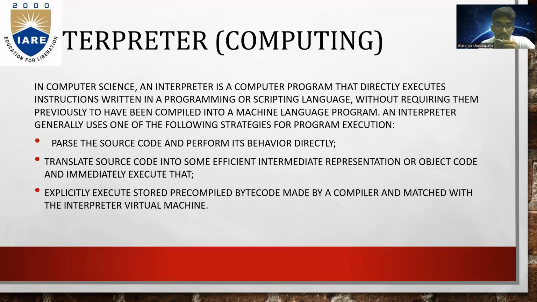An interpreter generally uses one of the following strategies for program execution: parse the source code and perform its behavior directly; translate source code into some efficient intermediate representation or object code and immediately execute that; explicitly execute stored precompiled code made by a compiler and matched with the interpreter's virtual machine.